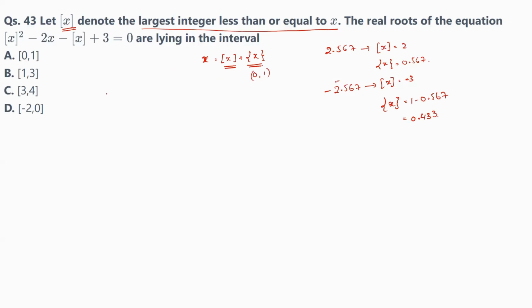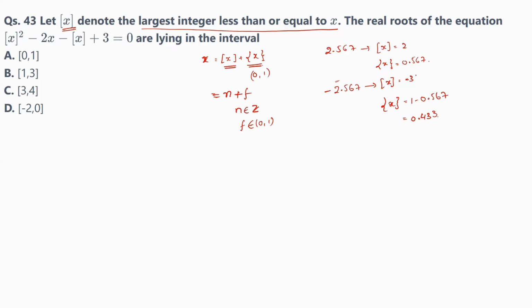So suppose here your greatest integer function is n plus f, where n belongs to Z and f belongs to (0, 1), just for this problem's sake.